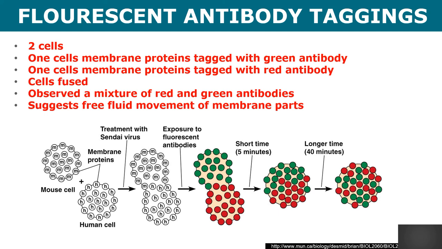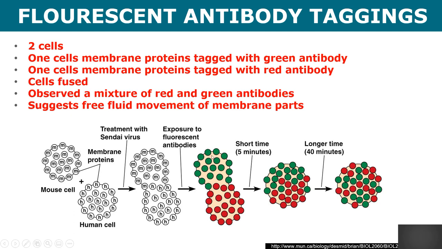So the other thing that they did was to look at the fluidity of a membrane. So what they did is they take two different cells, and in one of the cells, they take the membrane proteins and they tag them with a green antibody. And then in a different cell, they take the proteins from there and they tag them with a red antibody.